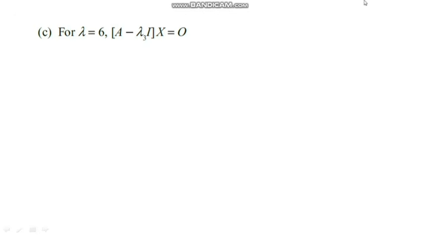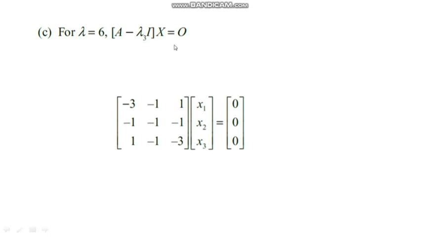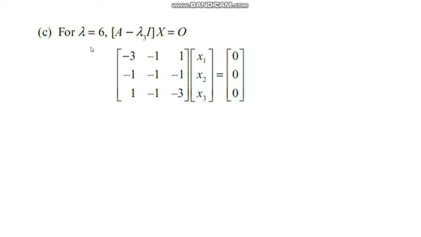To find the third eigenvector of the matrix corresponding to lambda equals 6, we use the definition regarding the eigenvector of the matrix. When we substitute lambda equal to 6 in the characteristic matrix, the resultant homogeneous system is this one. We can expand along its first row, x1 by 2.